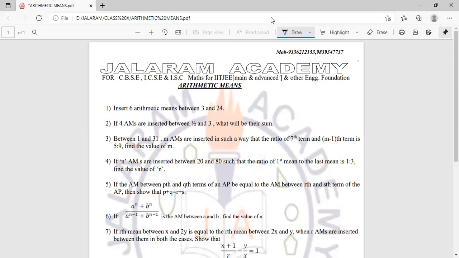We have to insert 6 arithmetic means between 3 and 24. So you have taken them A1, A2 up to A6, with the first being 3 and the last 24.